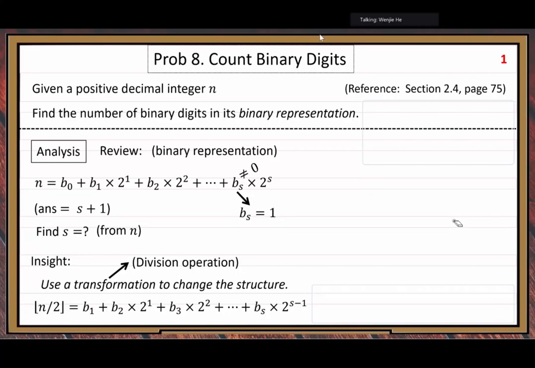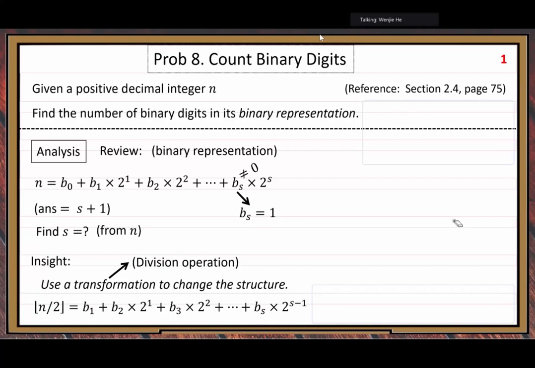So when we do division by 2, we take the floor function on both sides. But when you look at division by 2, other than the first term, b0, all the other terms are multiples of 2, right?